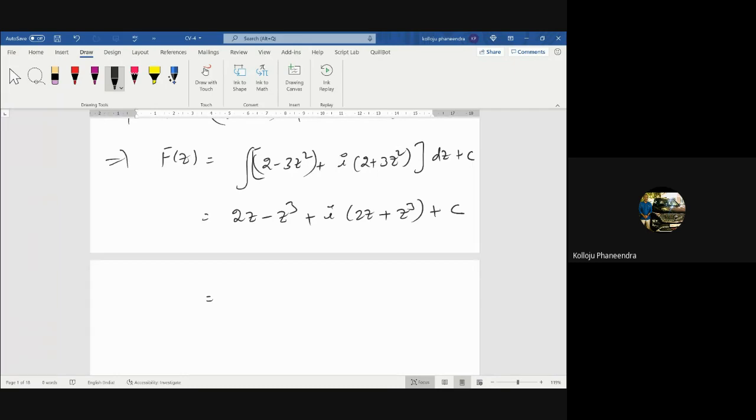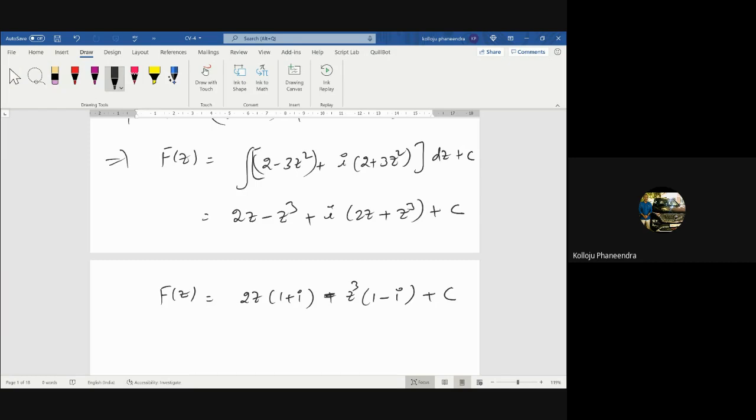Any simplification? 2z is common, 1 plus i, plus minus z cube is common, 1 minus i, plus c. Then this is F of z.